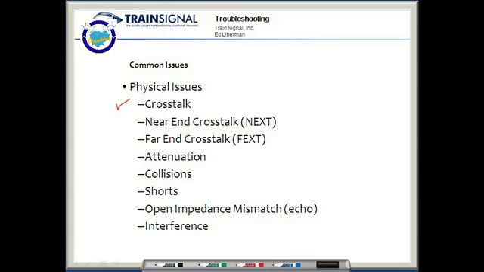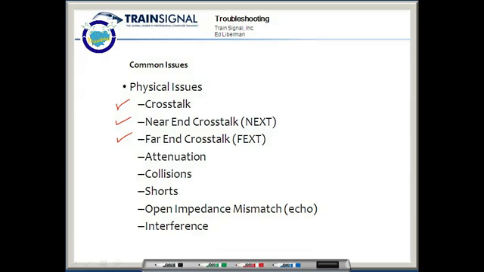Now, there are two variations of crosstalk, which are near end crosstalk and far end crosstalk, which are abbreviated as NEXT and FEXT. And really, all this has to do with is, well, where is the crosstalk happening? Okay, in other words, with near end crosstalk, what that means is that the crosstalk is happening, or the interference aspect of the crosstalk is happening near the source of the transmission.